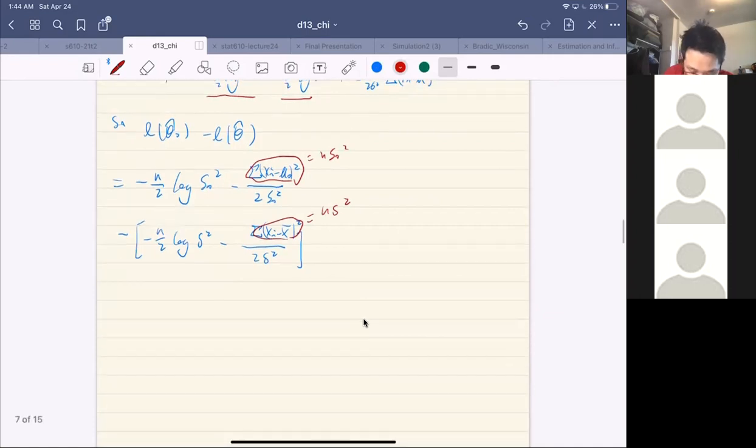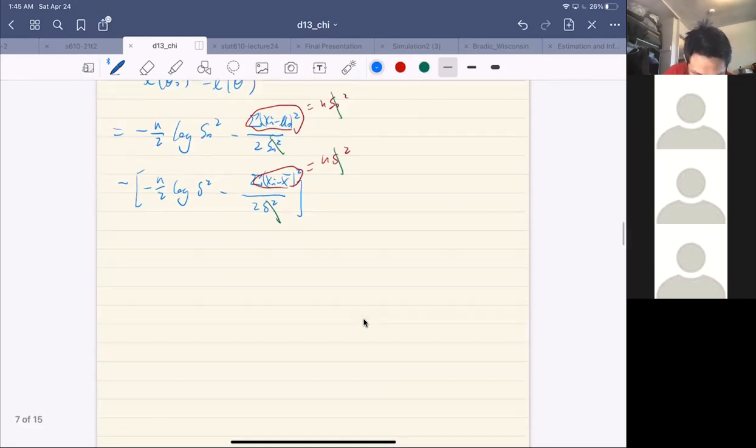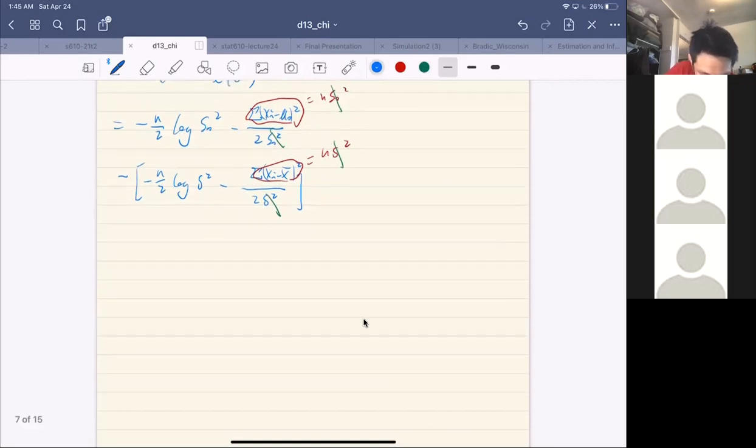So then we can cancel these two. And it's the same. So in the end we will have the 2 log s squared divided by s0 square.